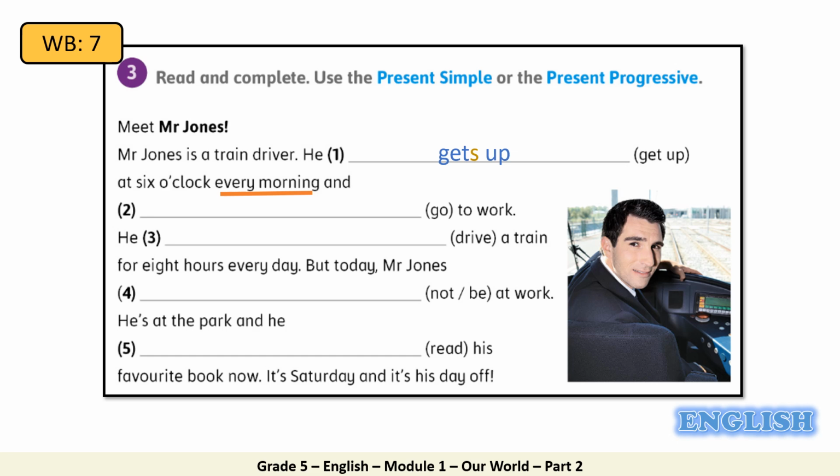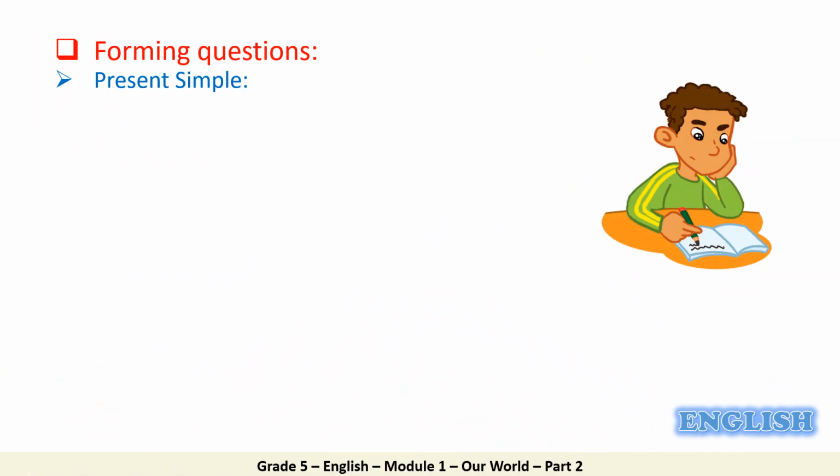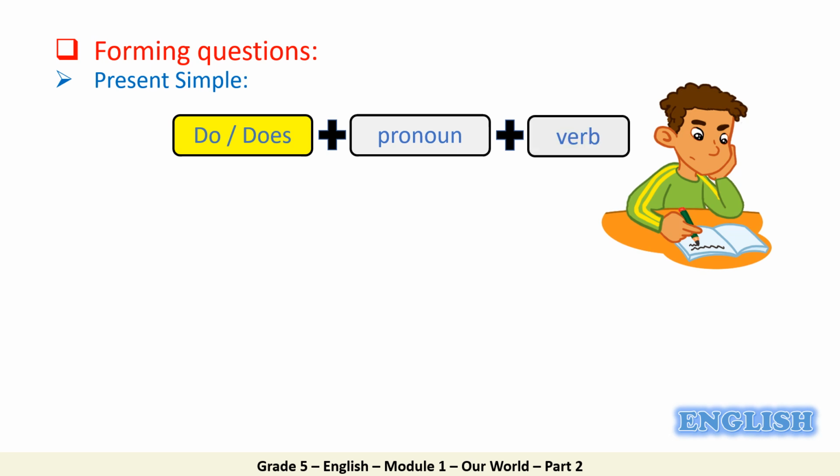Okay, if you are done, take a look at the correct answers. Now let's take a quick look at how we can form questions when using the present simple tense. It's actually very easy. All you need to do is start the question with do or does plus the pronoun plus the verb without adding s at the end.